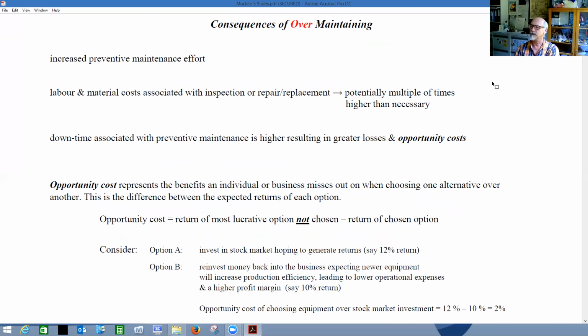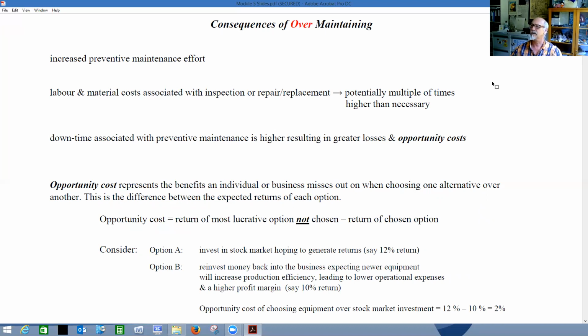The labour and material costs associated with the inspection or repair and replacement are potentially multiple times higher than necessary. So if you keep checking on this thing, it costs money for it to be pulled out of action, where it should be doing stuff rather than being maintained. Downtime associated with the preventative maintenance is higher, resulting in greater losses and opportunity costs.